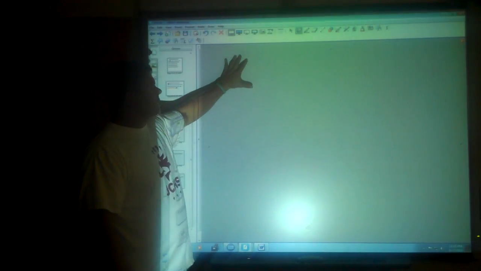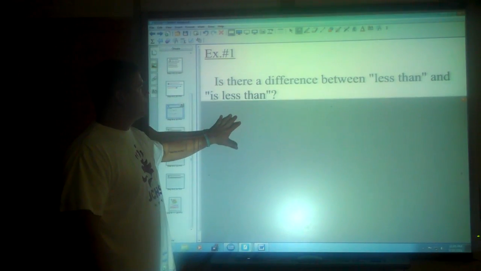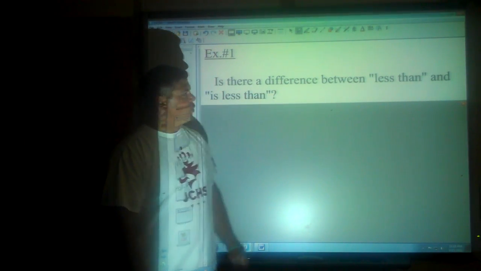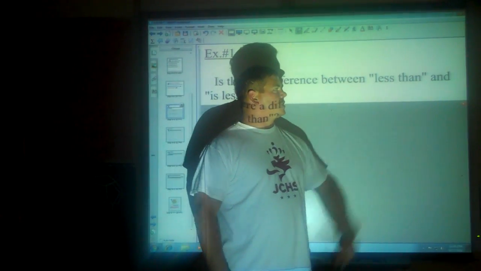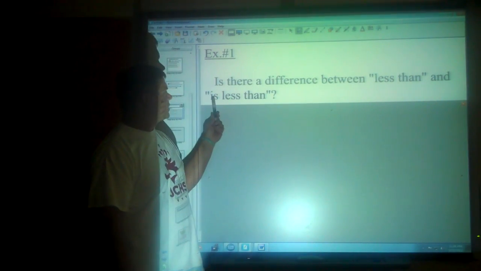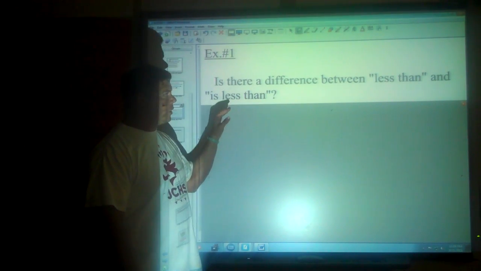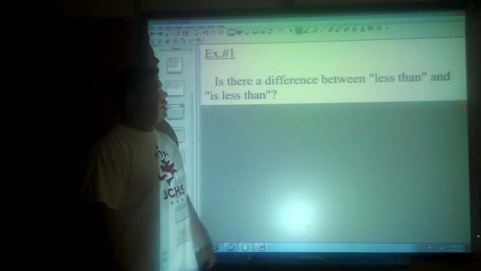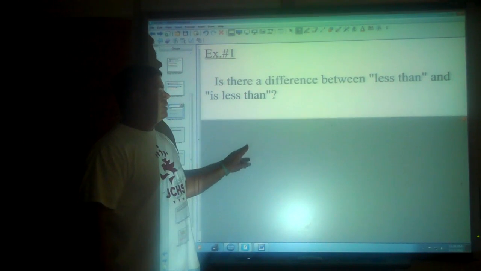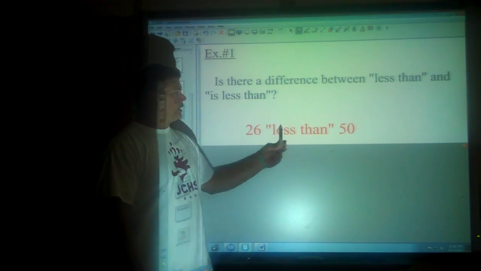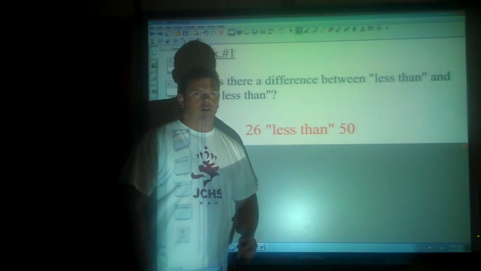Now, in being careful, I'm curious if you think there is a difference between the phrase less than something and the phrase is less than. They look very similar. Yes, there's one word difference. Do they mean anything different? So here we have 26 less than 50.